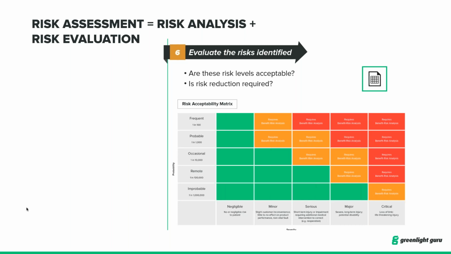There is no one-size-fits-all definition of severity. Even within your own company, if you have multiple product families with different indications for use and different purposes, you should have different risk acceptability matrices for each of those product families, because it's different. This matrix is specific to the risk of your product.